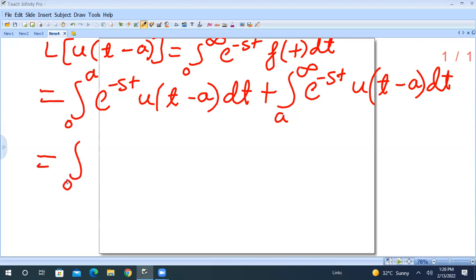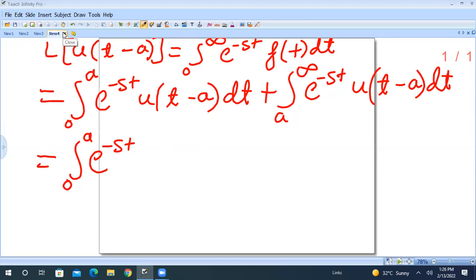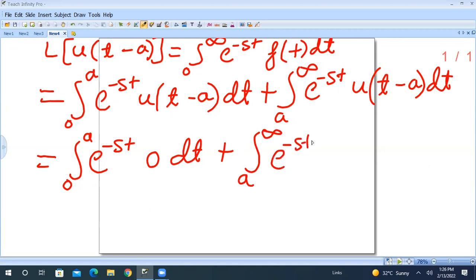In the first integration, u of t minus a is 0 if t is less than a, so that term is e to the power of minus st into 0 into dt. In the second term, u of t minus a is 1 into dt.